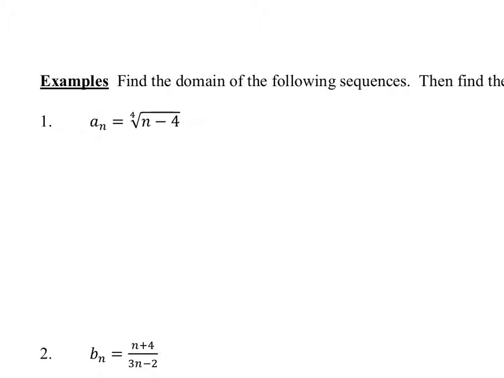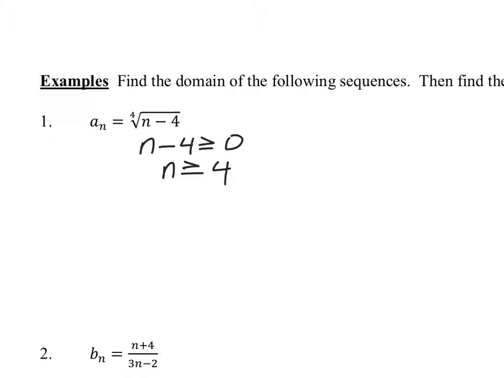In the case of number one, it's an even root, so I can't have a negative under the radical. So I need n minus 4 to be greater than or equal to 0. If I solve, I get n greater than or equal to 4. That's my restriction, and it's a pretty simple restriction.